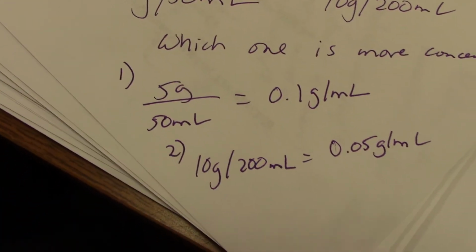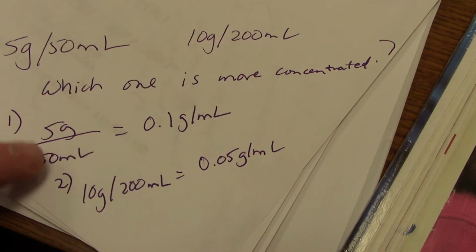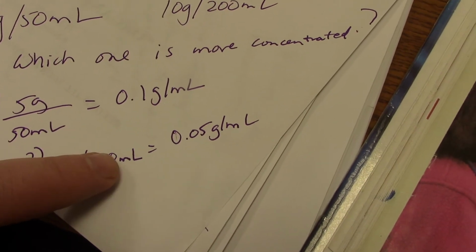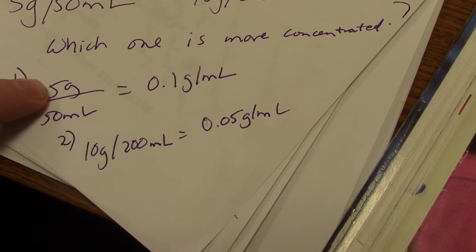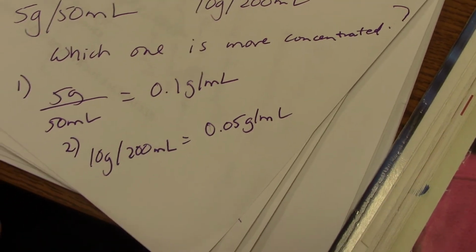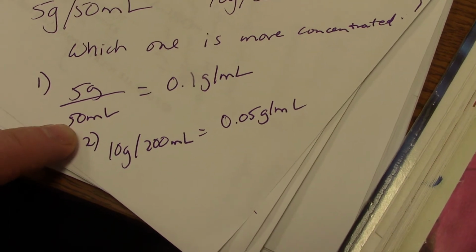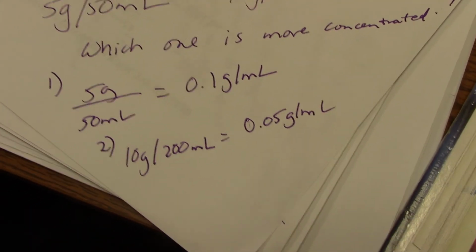So solution 1 is more concentrated than solution 2. Even though there's a larger amount of solute in the second, it's dissolved over a larger volume. So here there's less solute, but it's dissolved in a smaller volume, so that makes it more concentrated. There's more solute per unit solvent here, so this is the more concentrated solution. Pretty simple stuff.